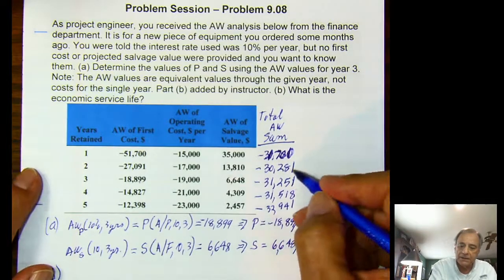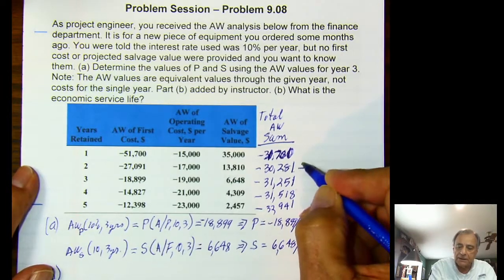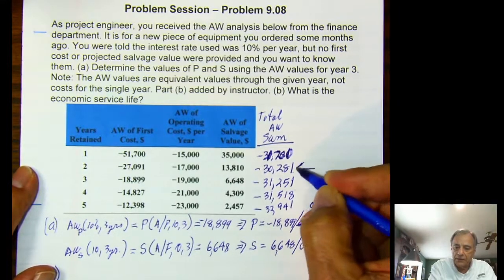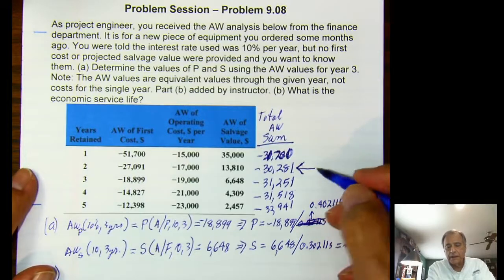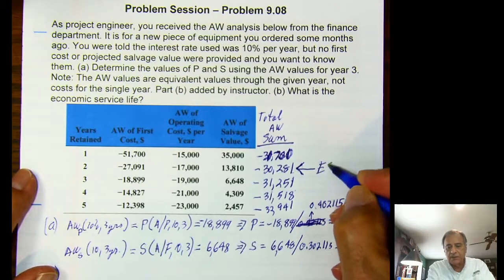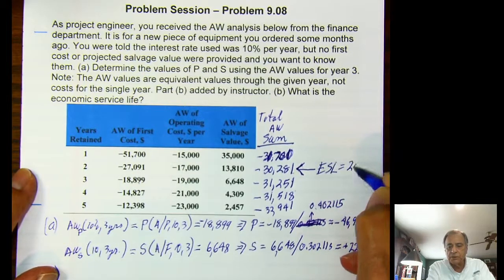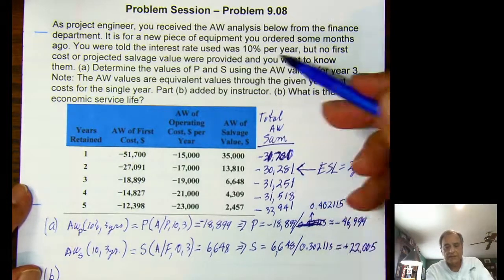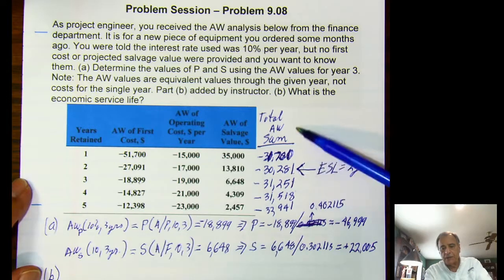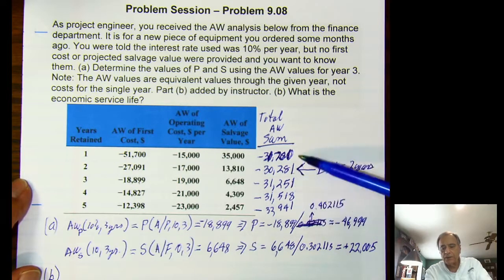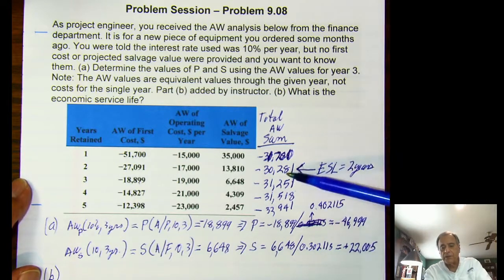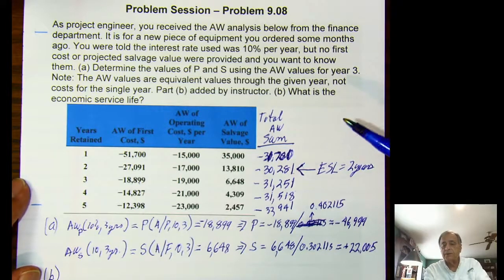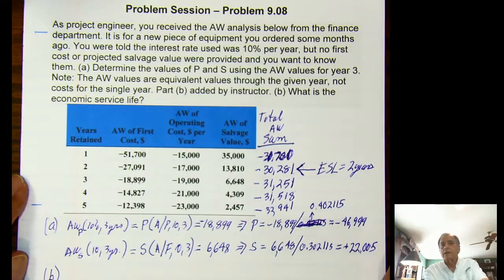But this is the least annual cost, and so the economic service life equals 2 years. And if I had asked for the annual worth at 2 years, then it would have been this number here, 30,281. So that takes care of today's assignment. Thank you.